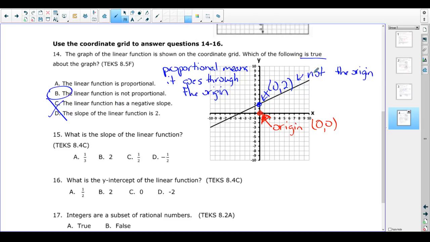Okay? It's also a positive slope, correct? Because it's going uphill. Oh, let's answer the question. So we pick 2 points. So we have 0, 2. I know that's a point on here. And just for the sake of not having to count, I'm going to pick the x-intercept, sometimes forgotten. It's at -4, 0.